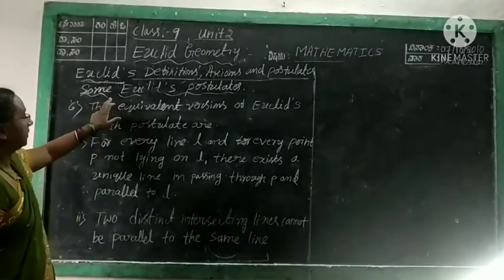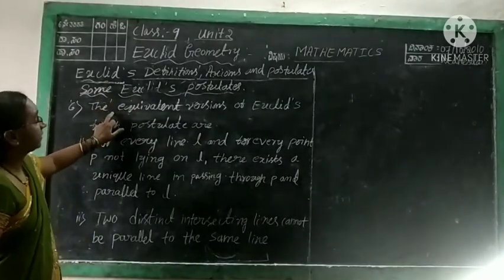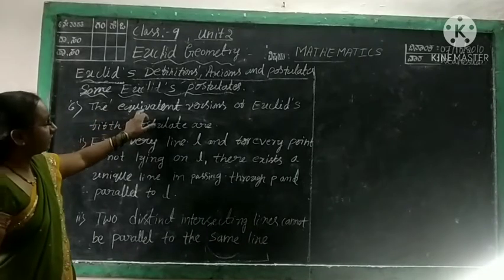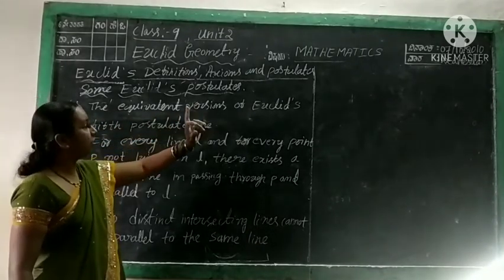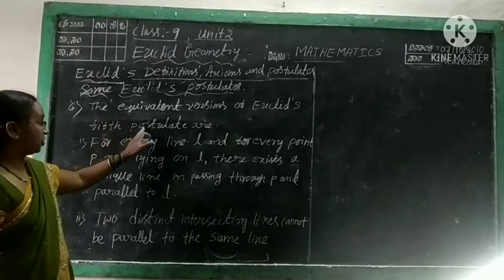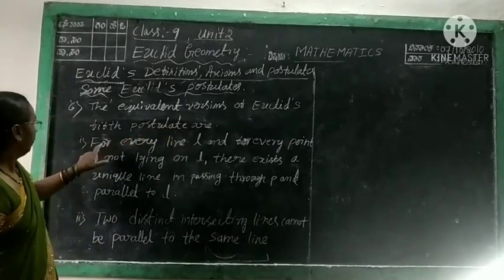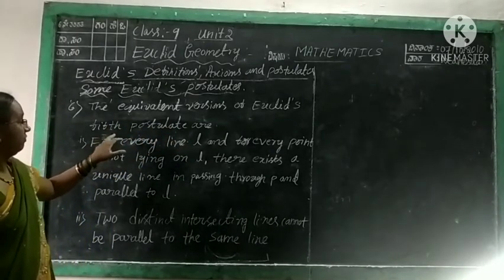Then the equivalent versions of Euclid's fifth postulate. The first one is the fifth postulate itself.